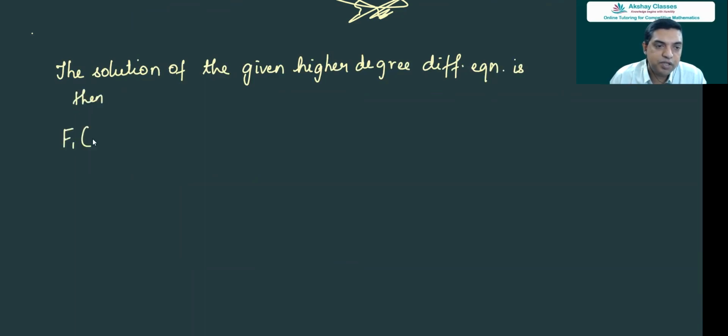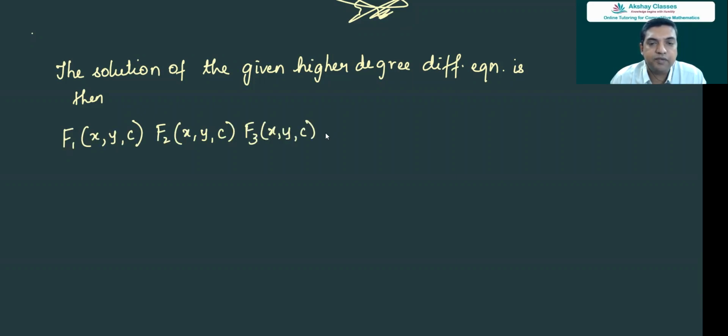The solution of the first factor equating to 0, multiplied by the solution of the second factor, multiplied by the solution of the third factor, multiplied by the solution of the nth factor.